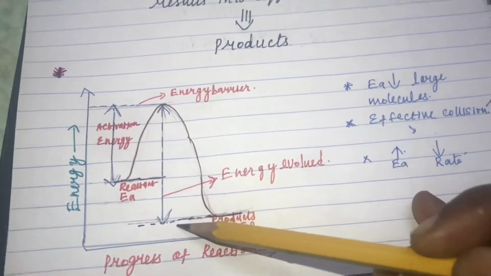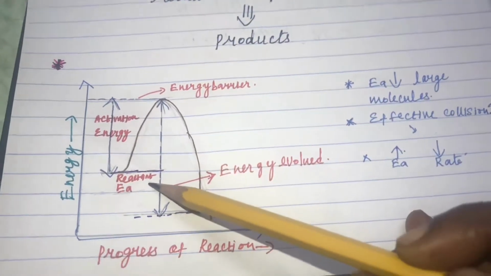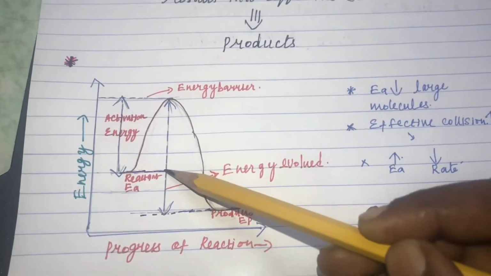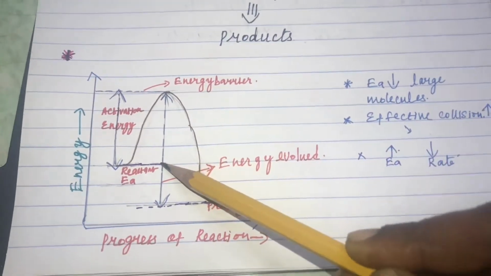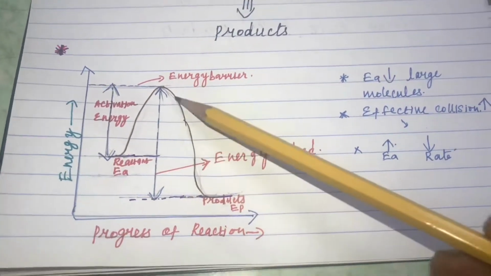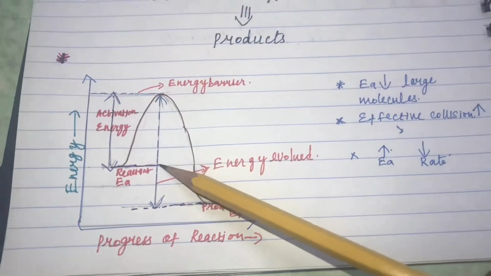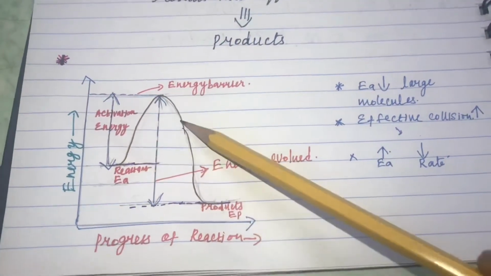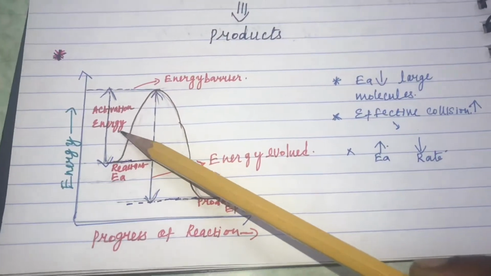Here is the energy change during the conversion of reactant into product. The extra energy possessed by the reactant molecule to cross the energy barrier and convert into product is called energy of activation or activation energy.